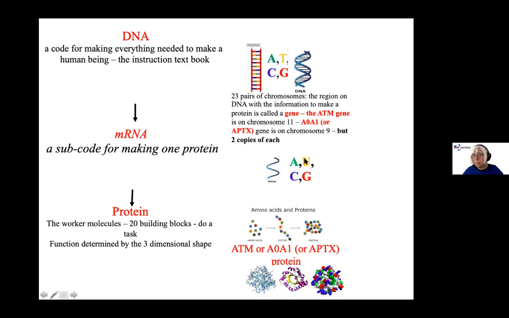That's also built of 4 building blocks, but they're slightly different, but I've never gone into that difference. And there's just one strand, whereas with DNA you've got 2 strands, and they are arranged like a spiral to give you this DNA double helix, but this is just one strand. And then we have these proteins. They're the worker molecules of the cell. They do the tasks.